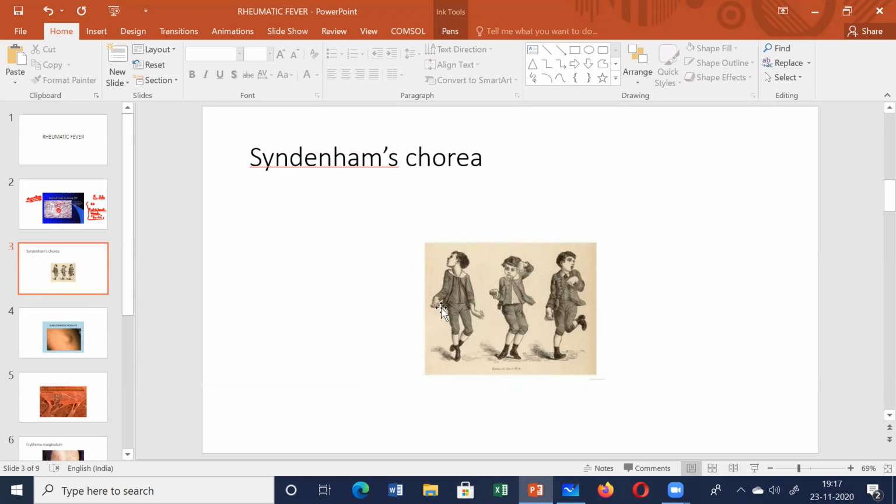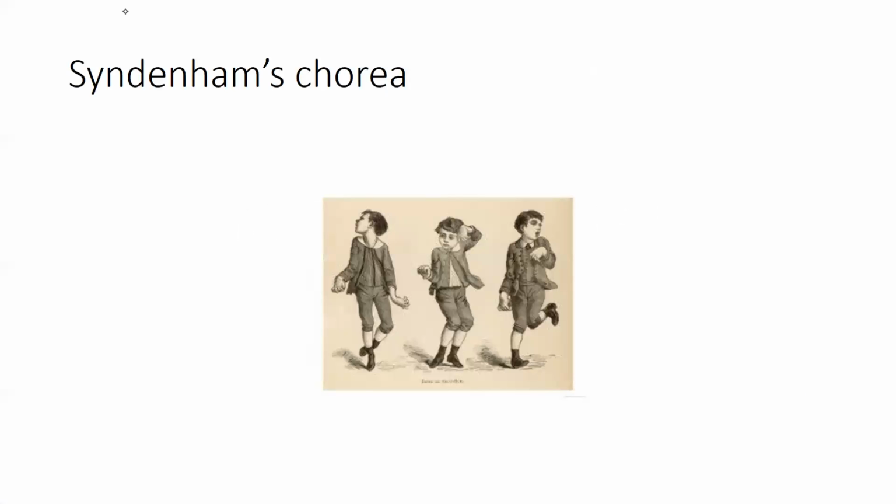In mild cases they are sometimes difficult to diagnose, but there are three signs which can be helpful to make the diagnosis of whether the patient has developed chorea or not. These are the signs which you have to demonstrate in the patient.